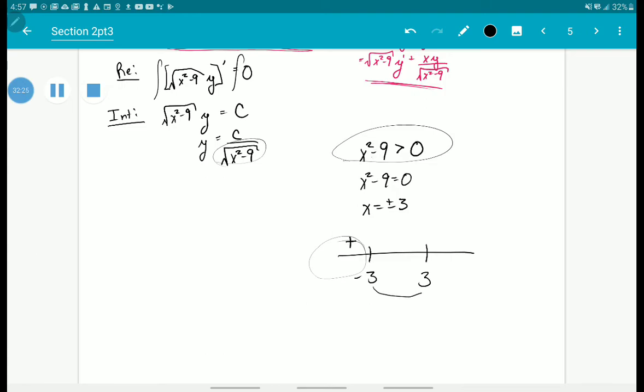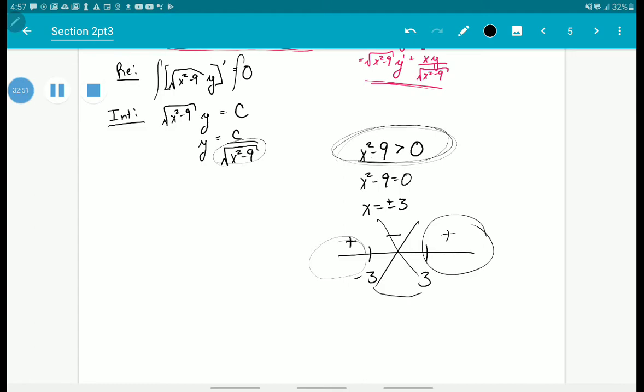If we pick something in between negative 3 and 3, like 0, we would get a negative. And what that means is that we want values to be greater than 0, not less than 0, so this area is out. If we plug in something bigger than 3, like 4, 4 squared minus 9 gives us a positive. So we're good there too.